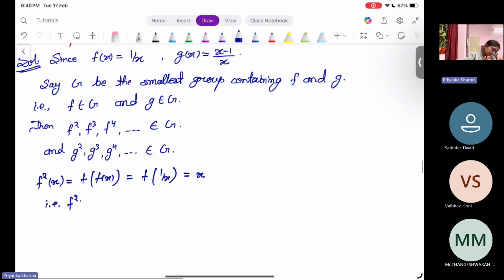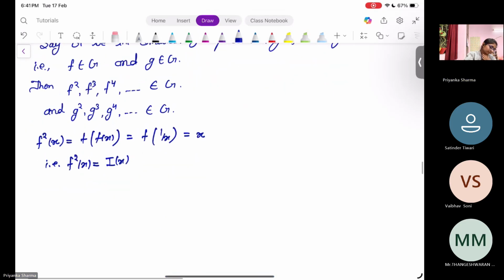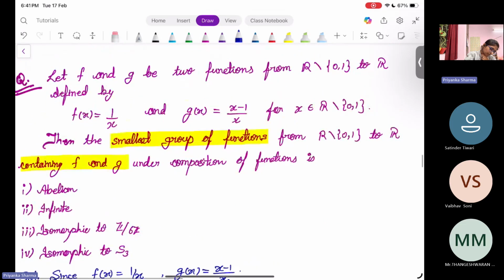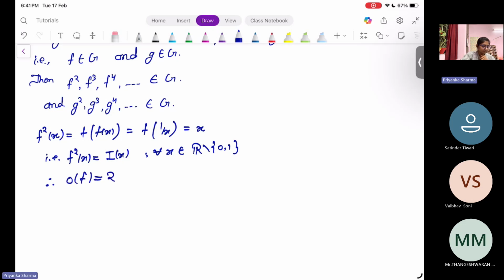That is, f square of x is I of x, you can say, where I is the identity function, for all x belongs to G. What is the domain? R minus {0, 1}. Therefore, order of f is 2.